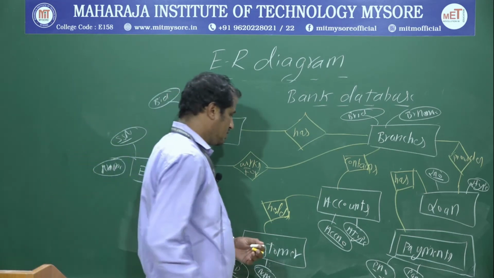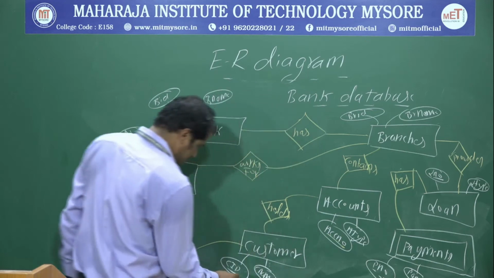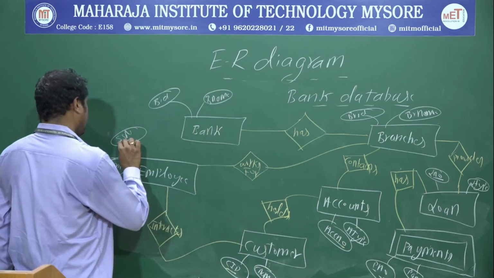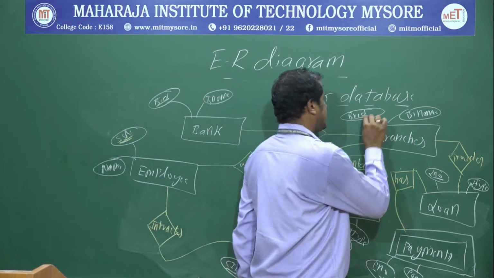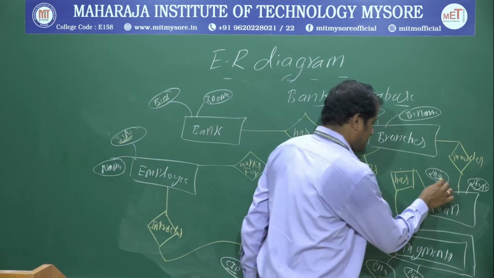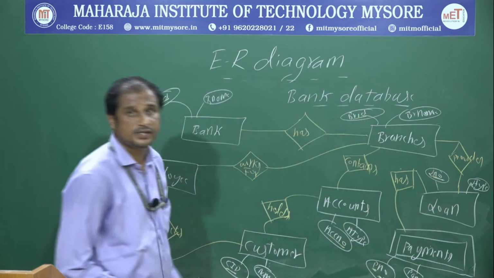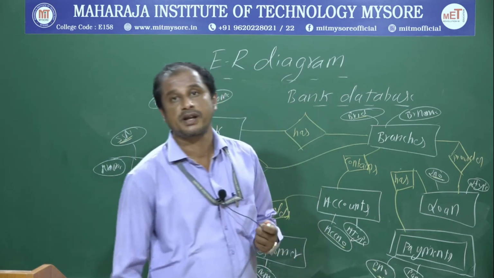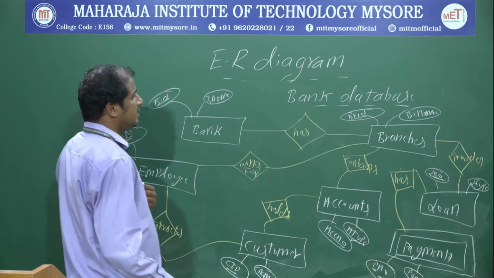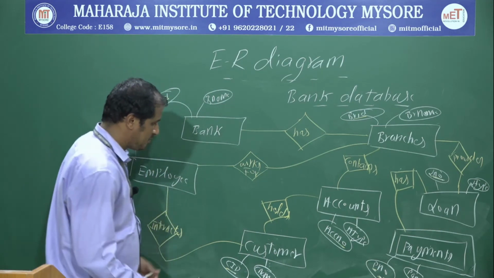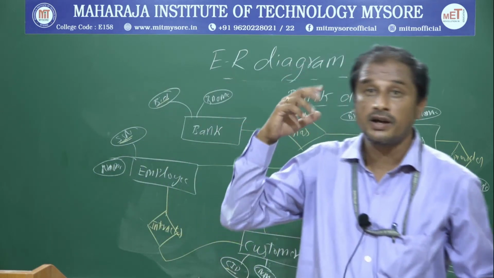So we are done with the keys: account number for account, customer ID for customer, SSN for employee, branch ID for branch, loan number for loan, and payment number as the partial key for payment.